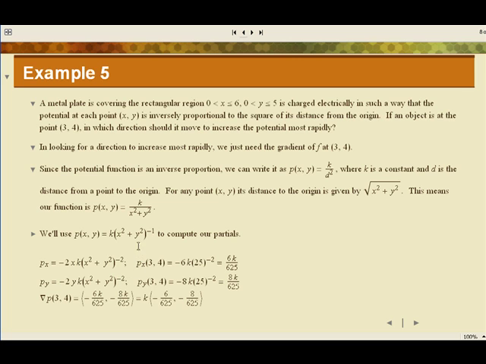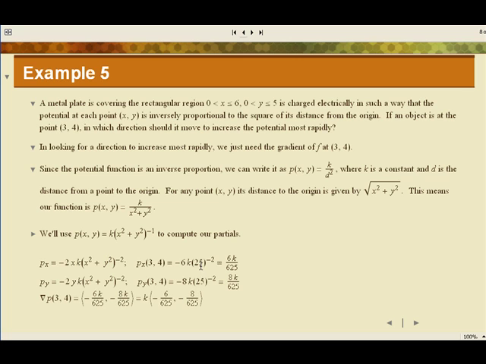And now we just need to evaluate at (3, 4). This is going to give me the components of my gradient. If I plug in 3 and 4, I get negative 6 times x squared plus y squared. That's 9 plus 16, which is 25.